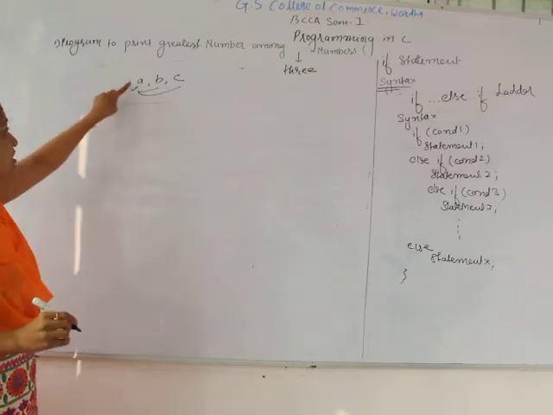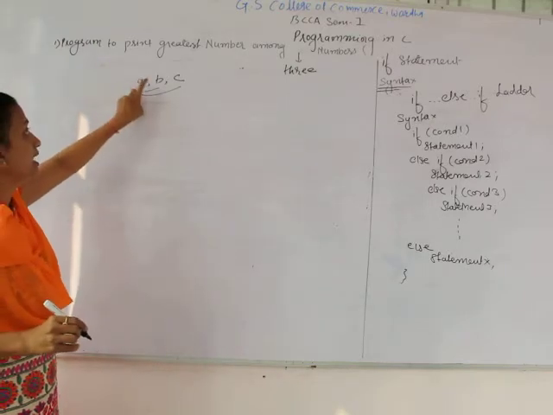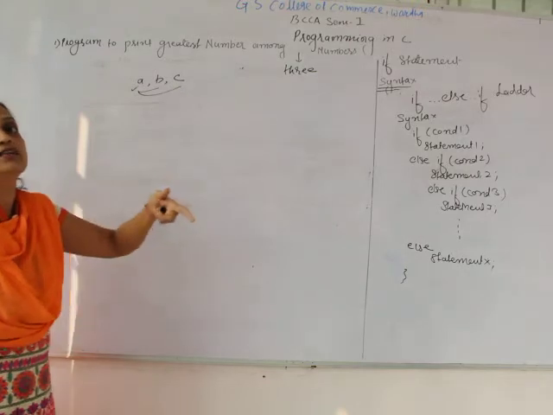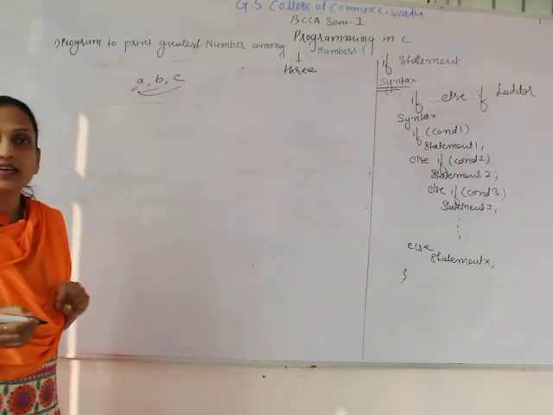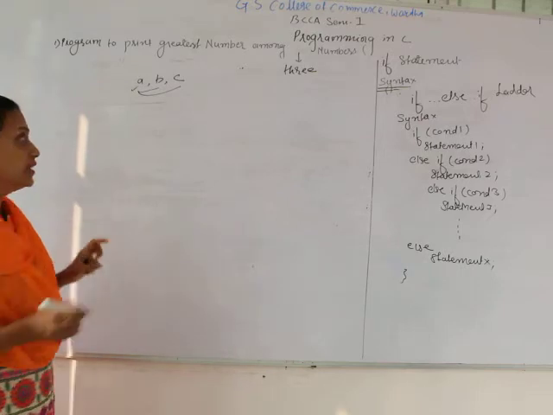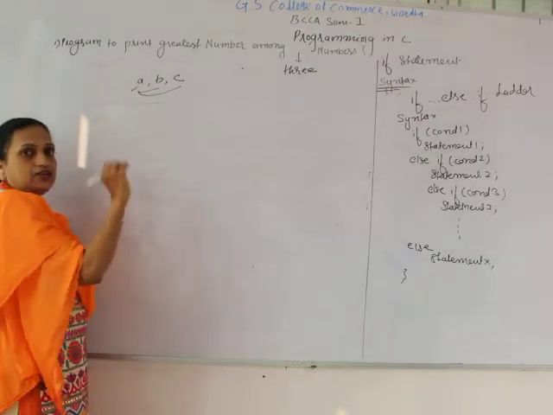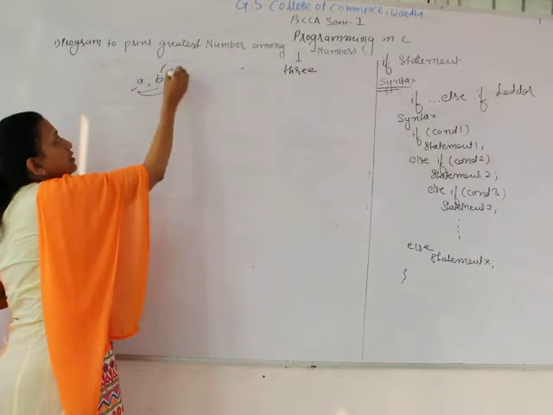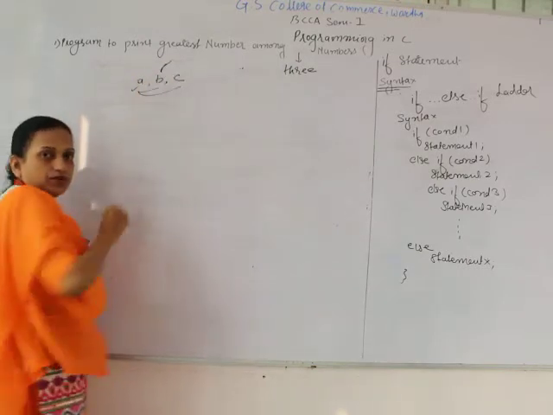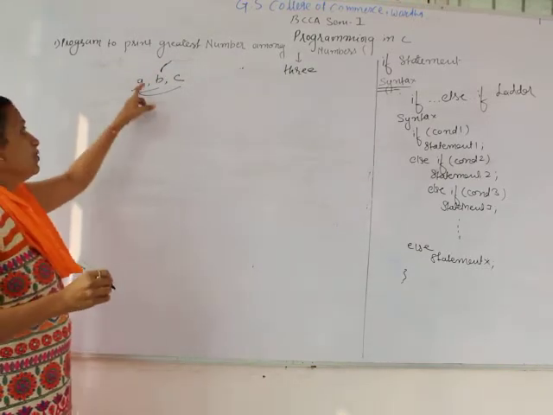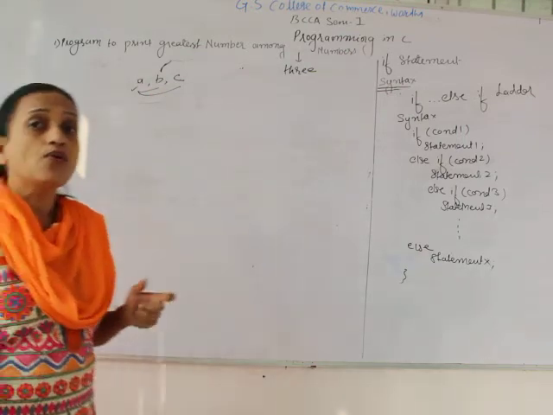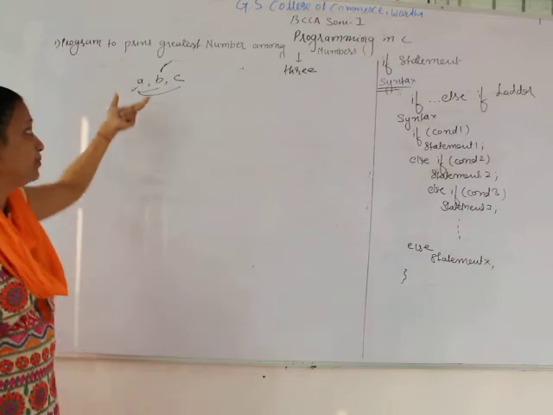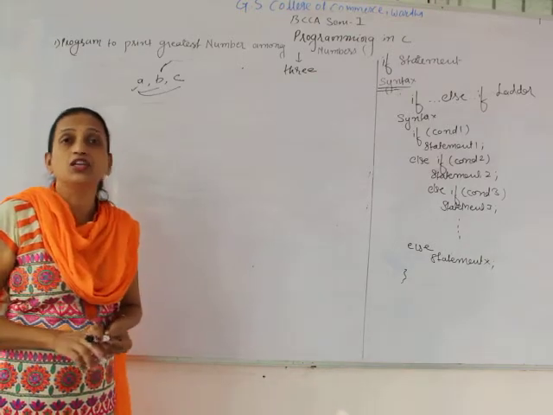If this number is greater than this and this, then you can say that A is the greatest number. Then similarly you have to compare B with these two numbers, and you can say B is the greatest number. But how can you specify this condition in your program?